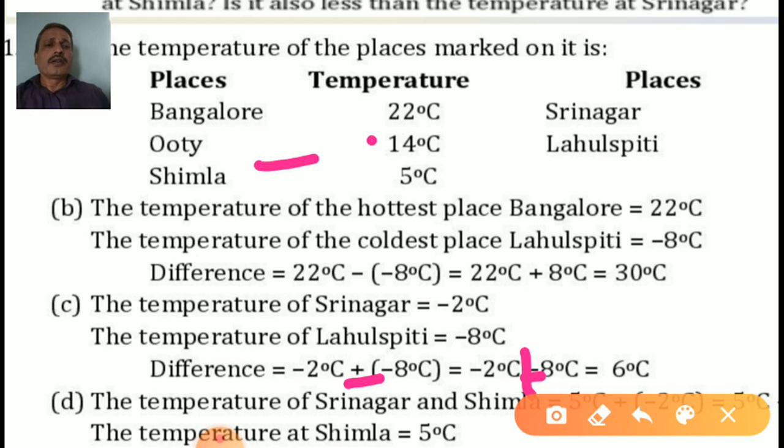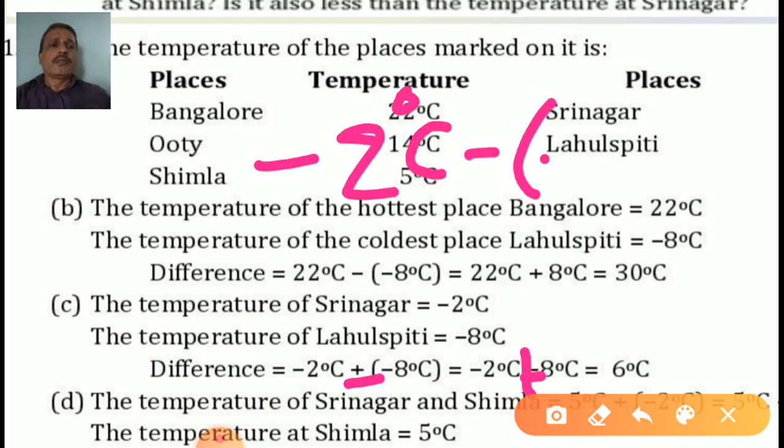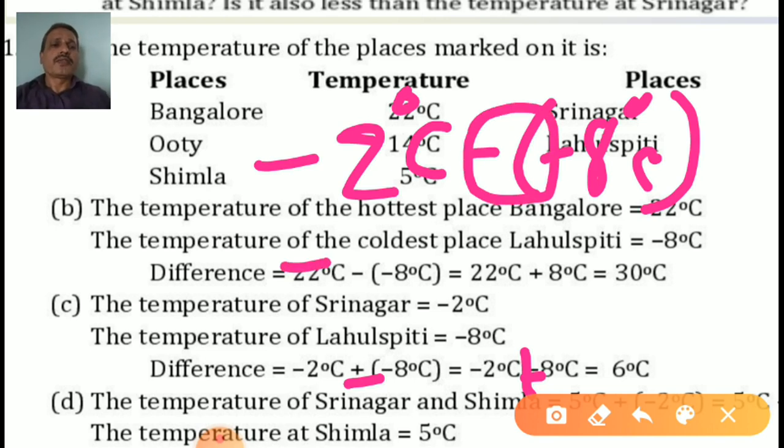Once again, students: -2 degrees centigrade minus -8 degrees centigrade. Now this minus into minus will become a plus. So -2 degrees centigrade plus 8 degrees centigrade.